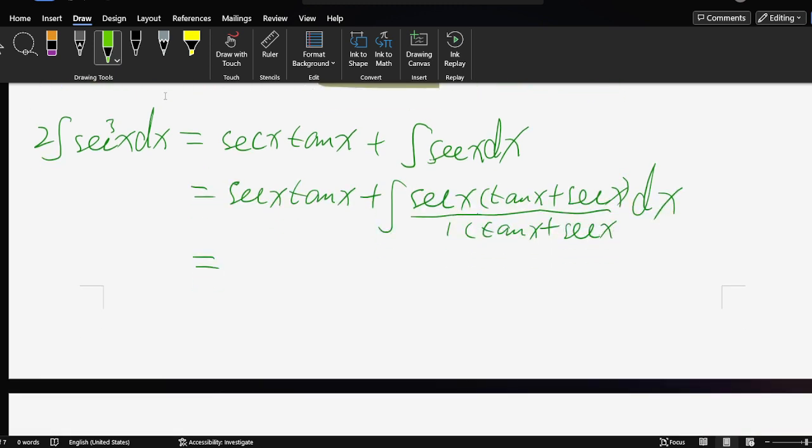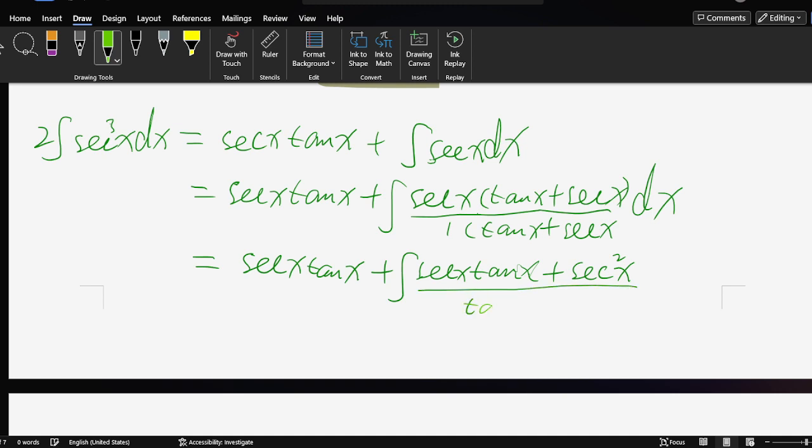Then equals secant x tangent x plus secant x times tangent x. Okay, just we open this brace plus secant x squared over tangent x plus secant x dx.